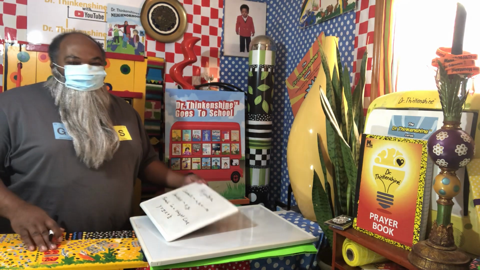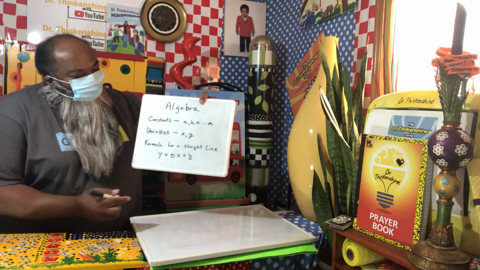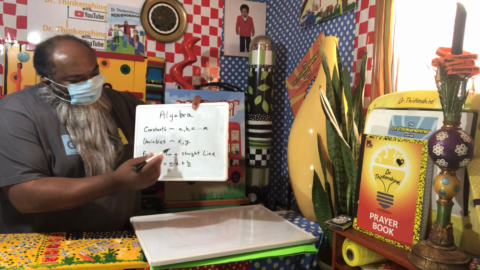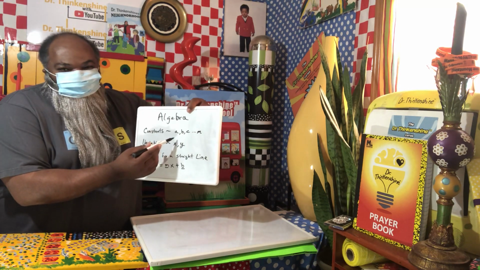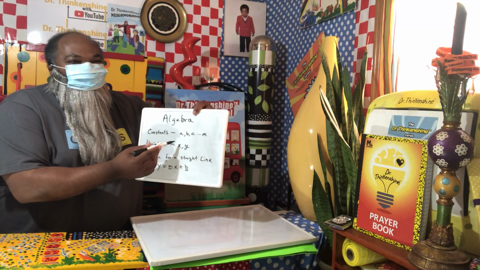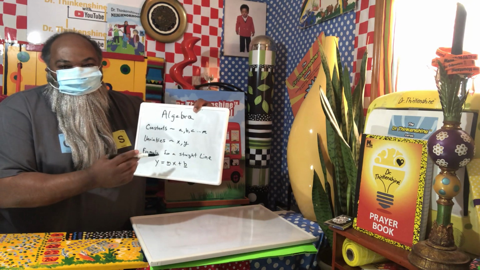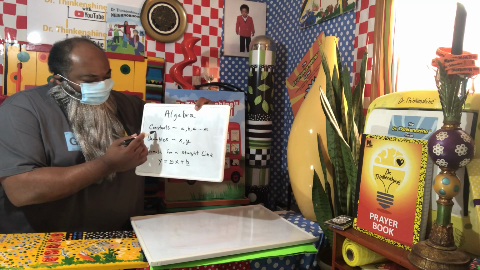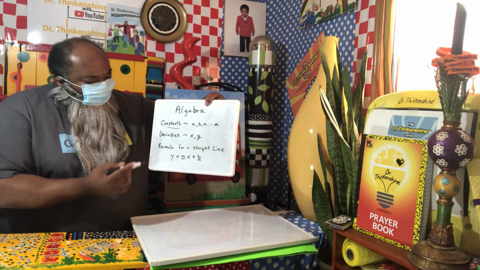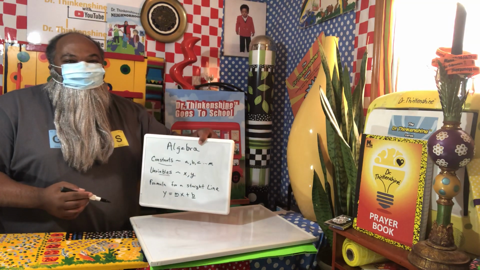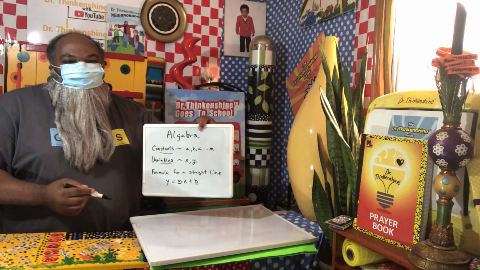Algebra is basically made up of constants and variables. A constant is like a real number, like 3 or 5. It doesn't change. That's why it's a constant number. A variable, on the other hand, is a number that varies.